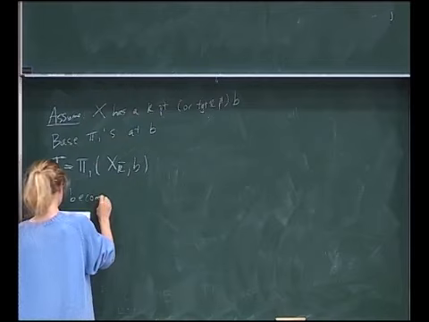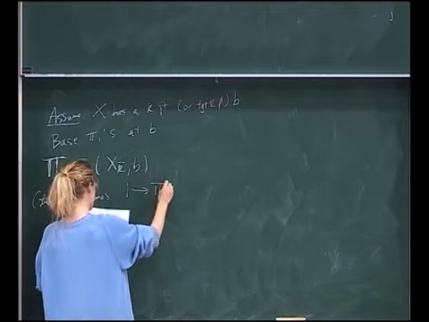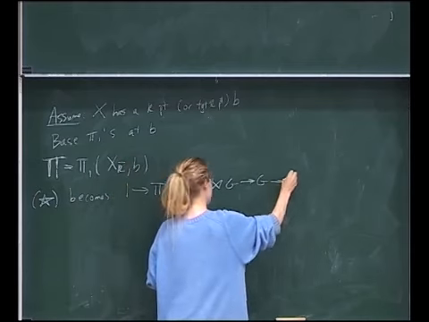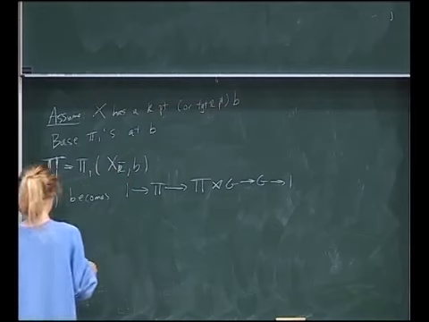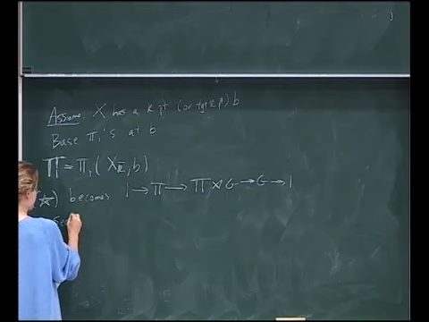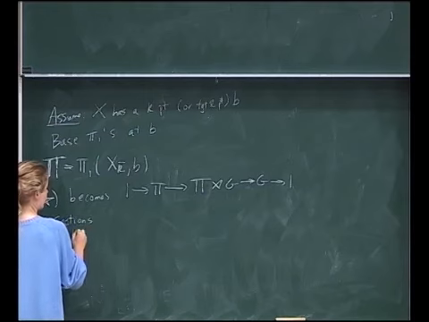And then since we have this rational base point, we automatically have a splitting of the homotopy exact sequence. So star becomes 1, pi, the semi-direct product.